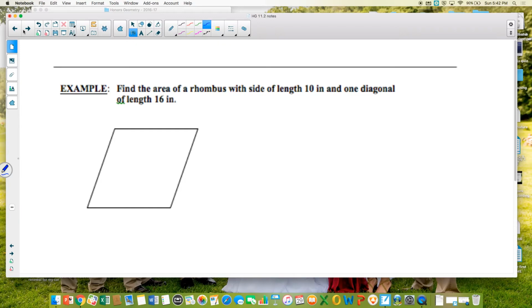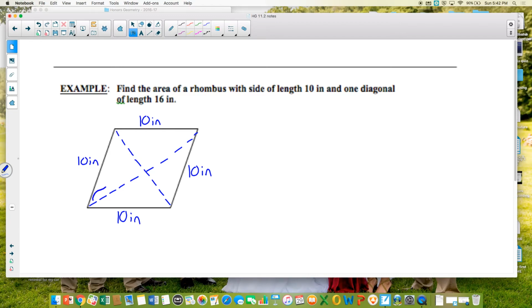So if we use our picture, we know each side is 10 inches. And they tell us that one diagonal is 16 inches. So if we draw the two diagonals, it's not a great drawing, but it'll work out.